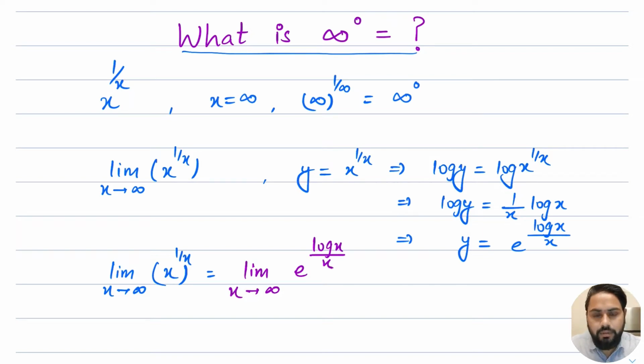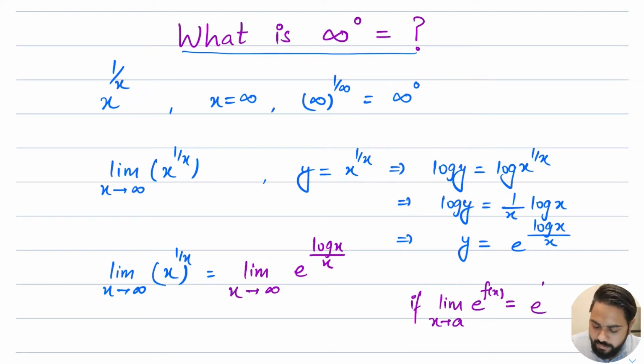Now we know the property of limits says that limit x tending to a of e to the power f(x) we can write as e raised to the power limit x tending to a of f(x). Meaning we just need to simply find the limit of f(x) at the point.